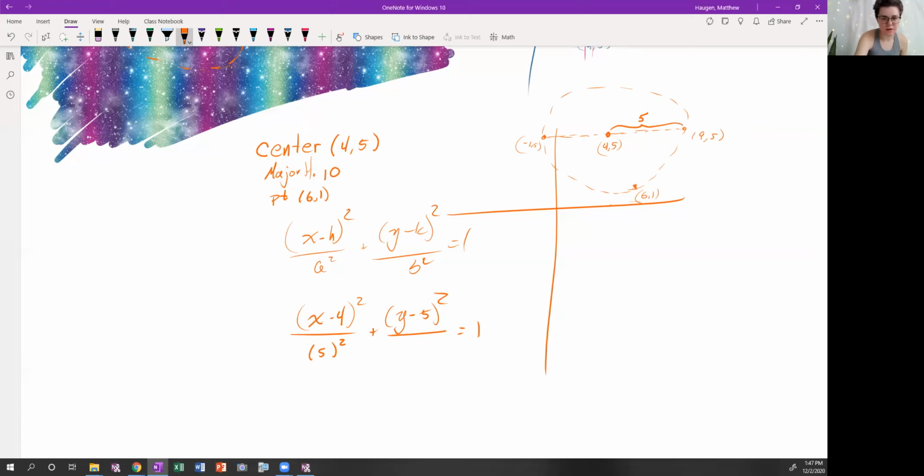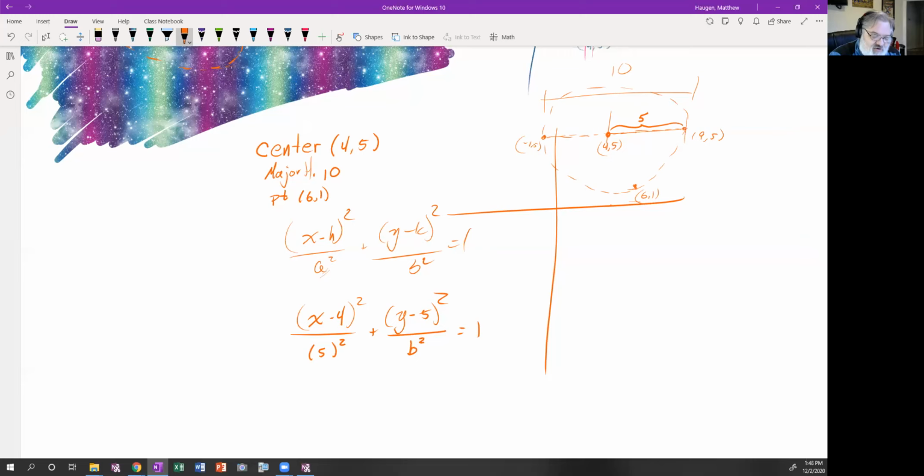Would you mind repeating that? I'm sorry, you cut out. Sure. We're told that this major axis length is 10. That means that radial length along that axis has to be 5, and that A value is then 5. The only value we're not told is that B, right?